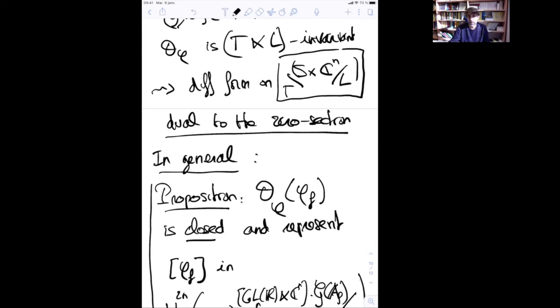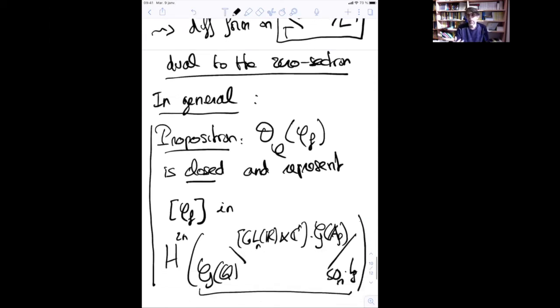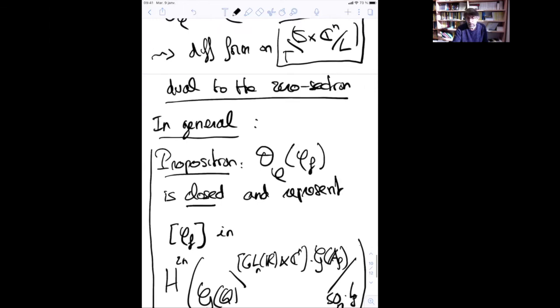And if phi_f is not just the characteristic function of a lattice, but is a finite linear combination of characteristic functions of lattices, then the right way to say it is that it represents the class of the divisor in that quotient. So that's really a reformulation of this, except that you authorize more complicated divisors than just the 0 section.